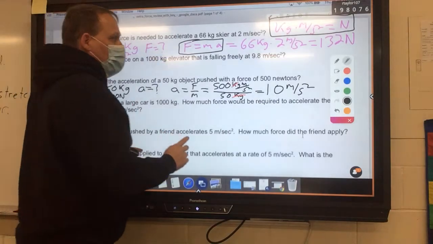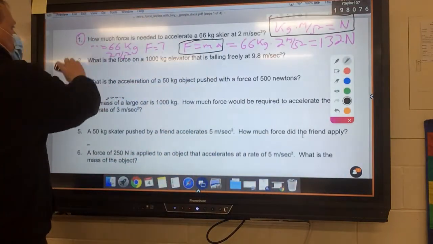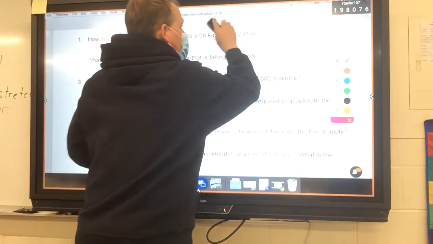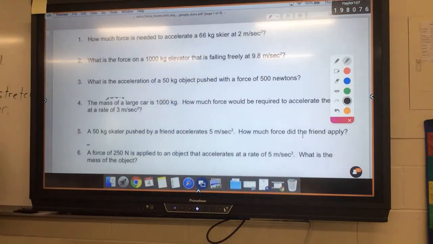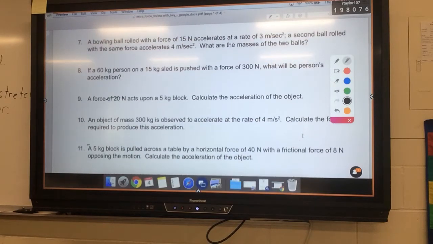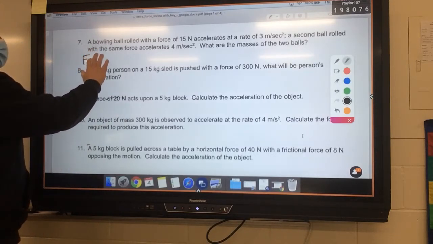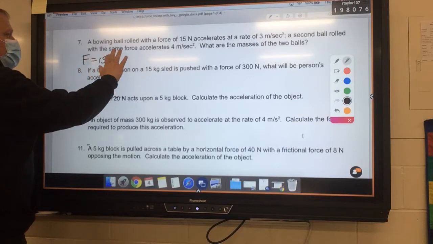I'm going to erase the board here for a quick second, because we're going to do number 7, and I'm going to scroll that problem up. All right, here's number 7 in this set of problems. It says a bowling ball is rolled with 15 newtons. So my force is 15 newtons.